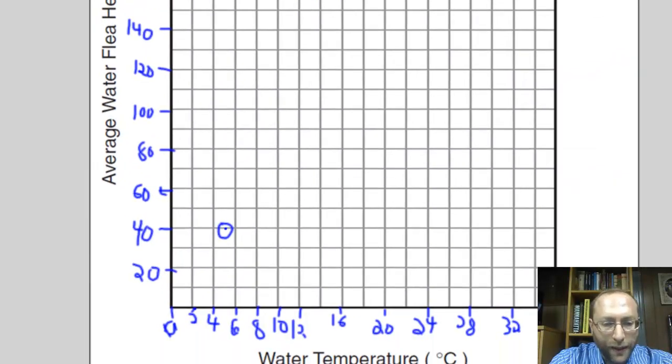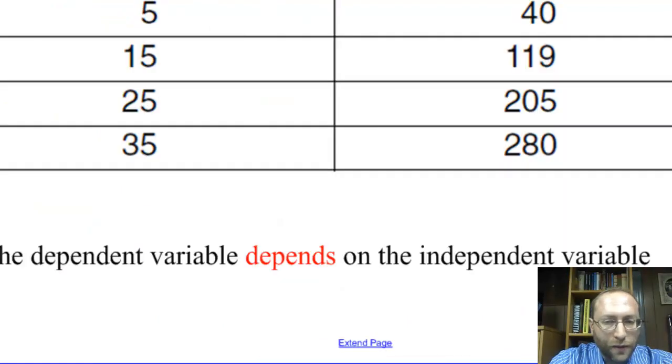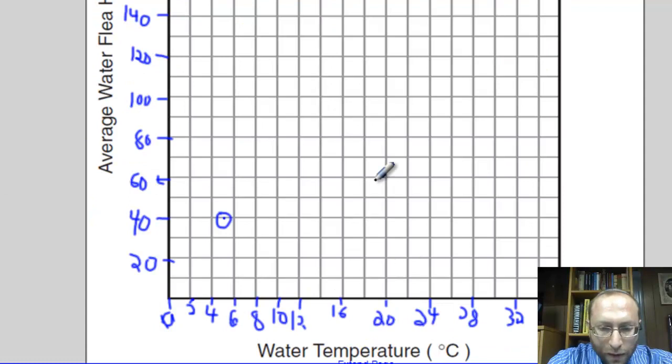Next is 15 and 119. So 15 is right here, and the other was 119. Okay, so 119 is right about over here. Circle around there.